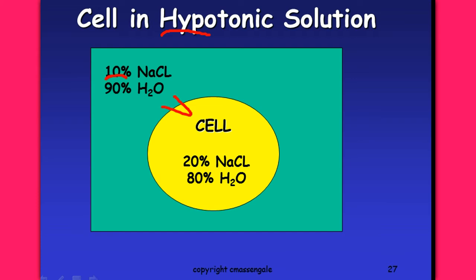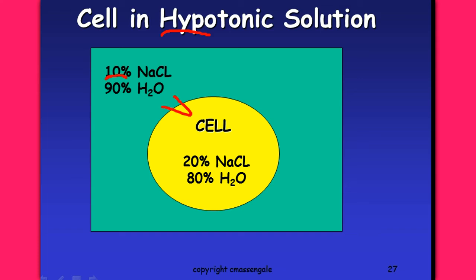So hypotonic is going to refer to those solutes that are dissolved. But what affects the cell is based upon the amount of water. So because there's less salt, that means there's more water. So when I look at the water concentrations, 90% is greater than 80%.